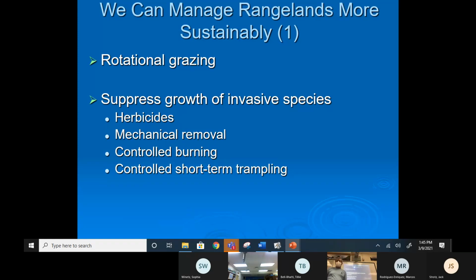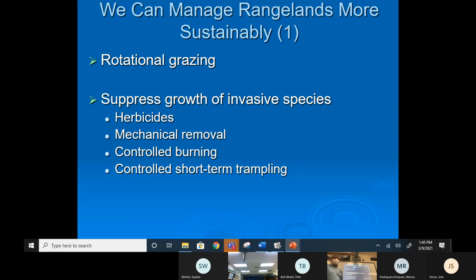You can also suppress the growth of invasive species, but sometimes it's really hard to get ahead of that. If they get their roots in the soil, it can be really difficult. We have a problem with a plant called white top, tall white top. We have a problem with this plant here, and it's really difficult.